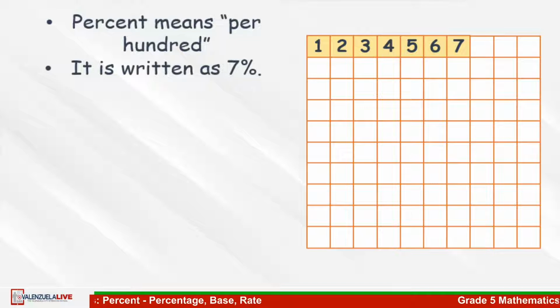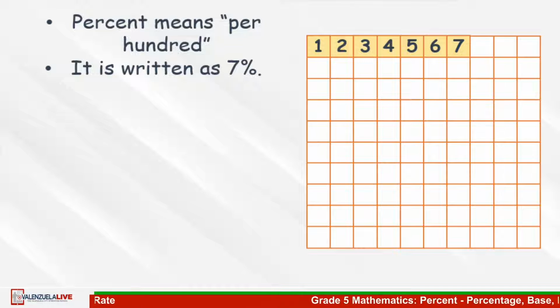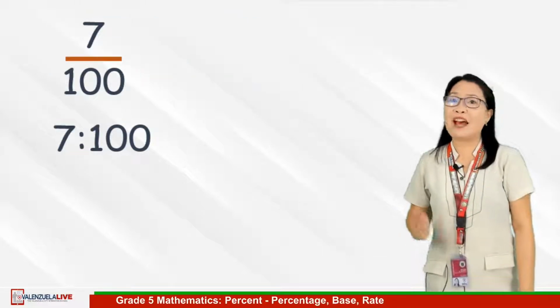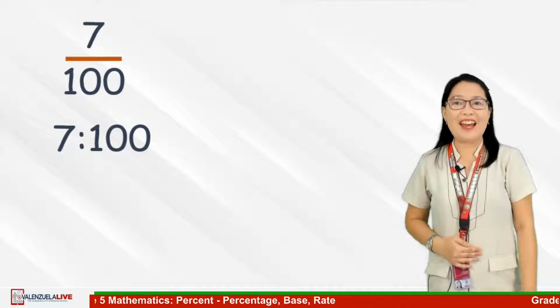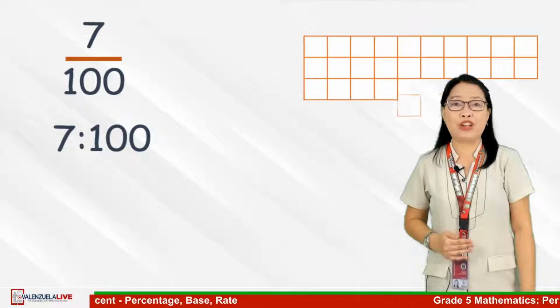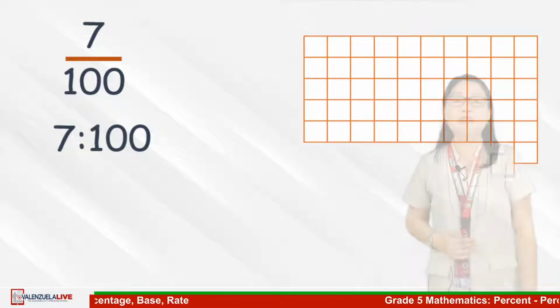Therefore, let's review. Let's find what we mean by percent. Percent means per 100, and it is written as 7%. Let's go back. We have the fraction 7 over 100 and the ratio 7 to 100 pertaining to the figure that we have.